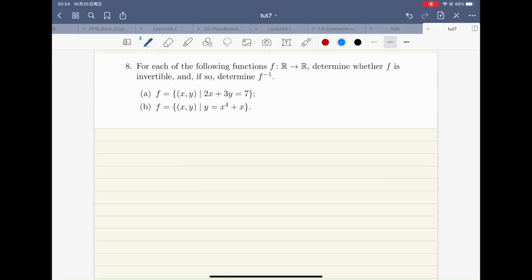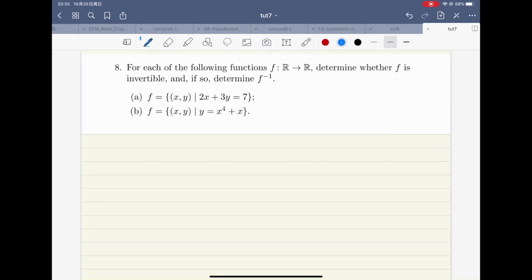In question 8, we talk about something called inverse function. First, if you want to find an inverse of a function, you have to check if the function is one-to-one first. The question 8 asks you, for each of the following functions f that maps from real number to real number, determine whether f is invertible, and if so, determine the inverse of function f.